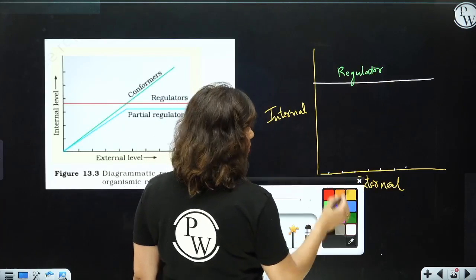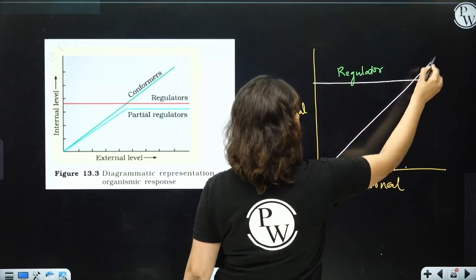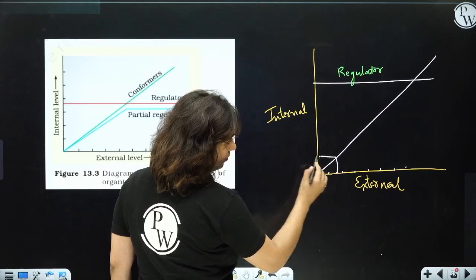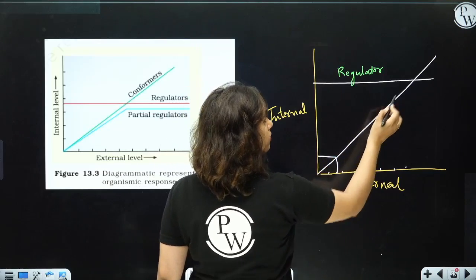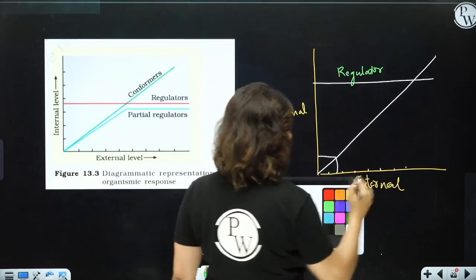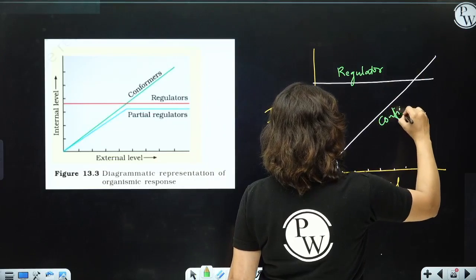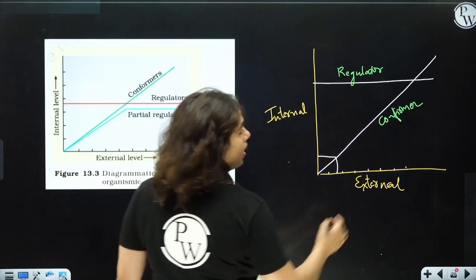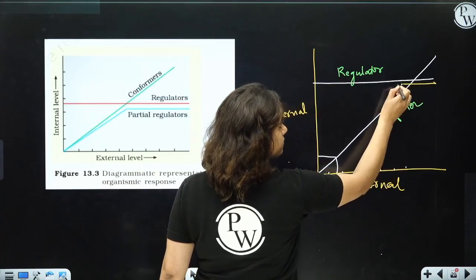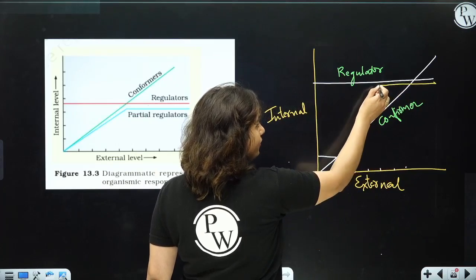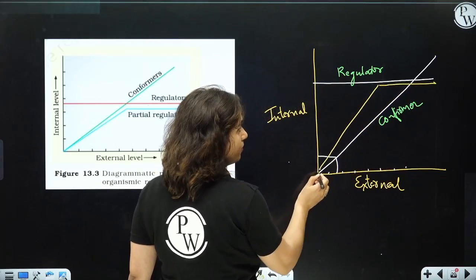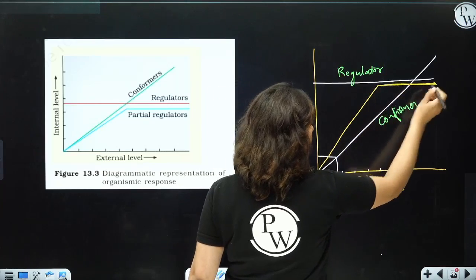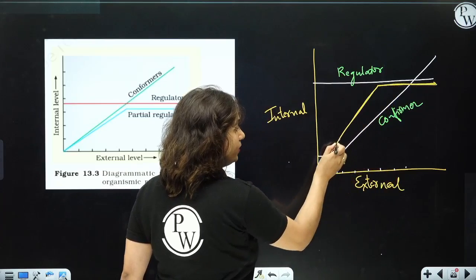Then, if I draw the graph like this, if I am changing the external environment, the internal environment changes, and this will go on. So obviously this is a conformer. Then comes the one where up to a limit some organisms fight, but after that they simply conform.